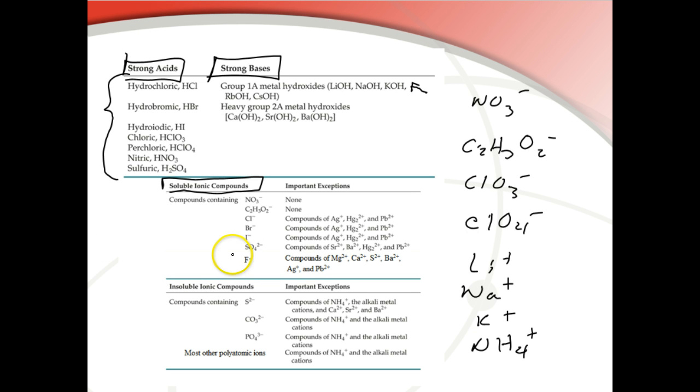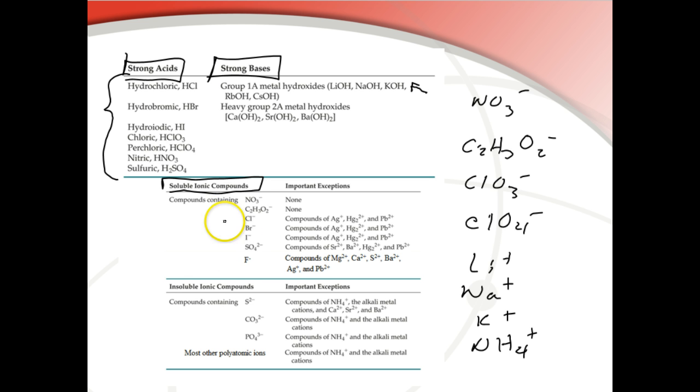You have a list of these in your lab book in experiment 4. It's really nice. I like that solubility table quite a bit. But you can see for the halogens, they're mostly soluble, except for whenever they have silver, mercury, or lead as a component of that compound.